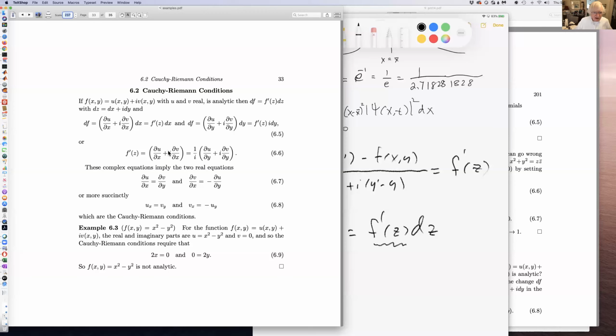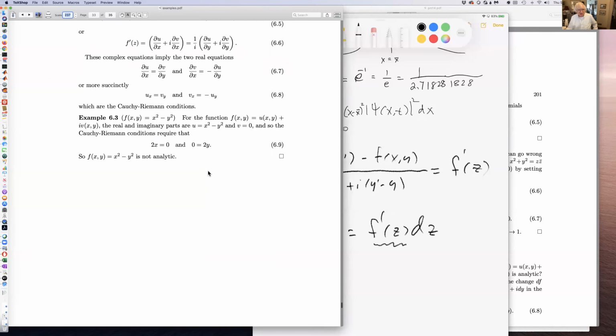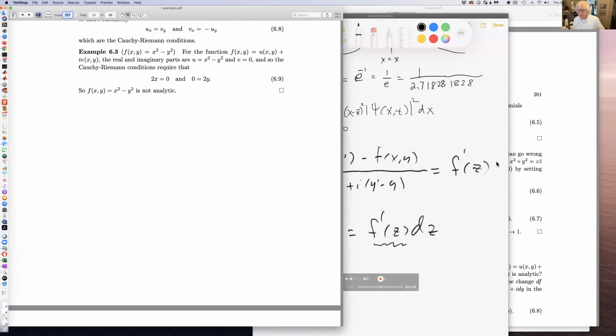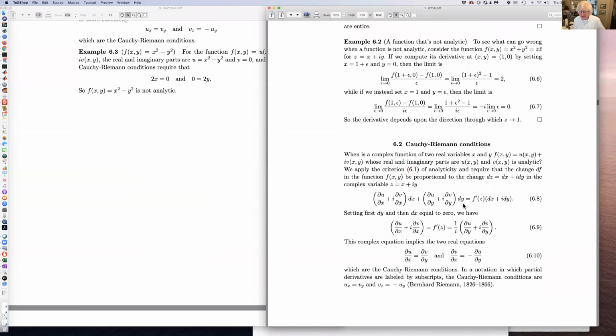This is one complex equation, and that means we have two real equations: partial u partial x is partial v partial y, and partial v partial x is minus partial u partial y. Those are called the Cauchy-Riemann conditions, and those are the useful ways of finding out whether a function is analytic or not.